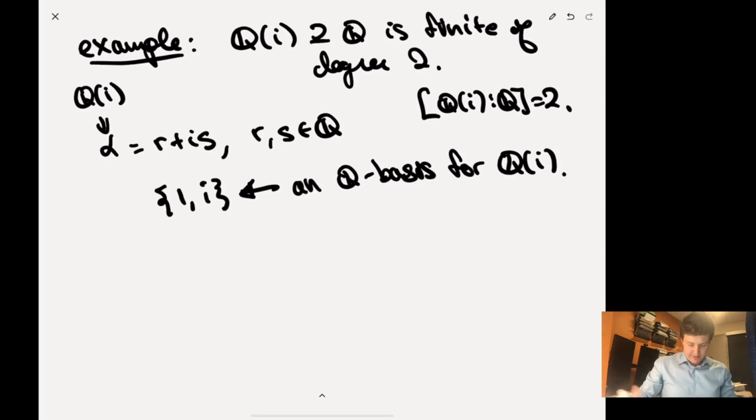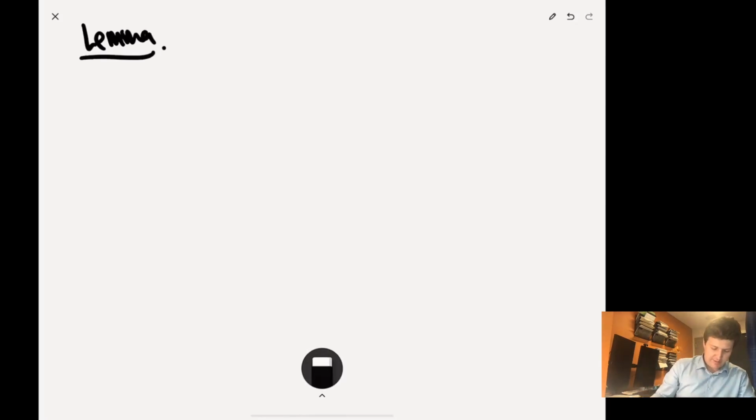Okay, so let me prove a lemma. This is why this finiteness thing is useful. Like we were talking about algebraic extensions, where all the elements were algebraic. So the lemma is the following.